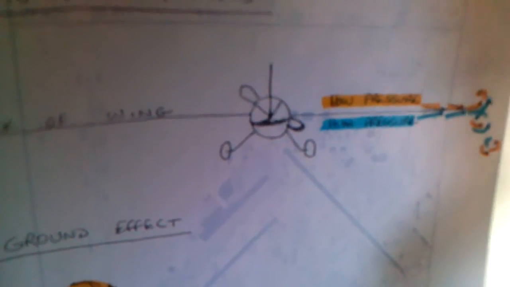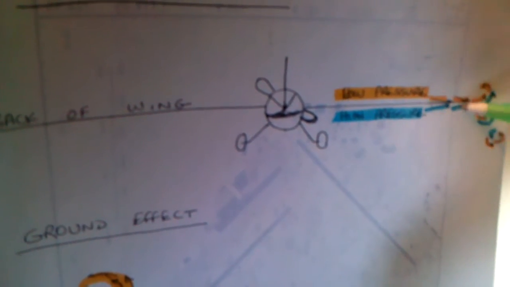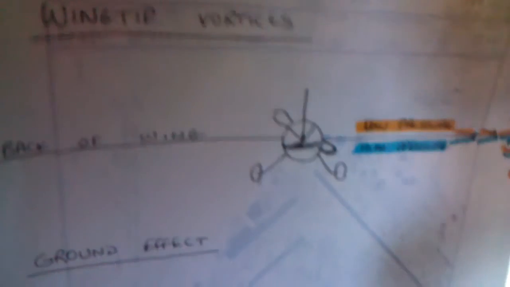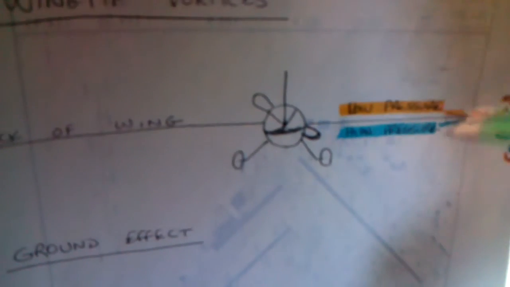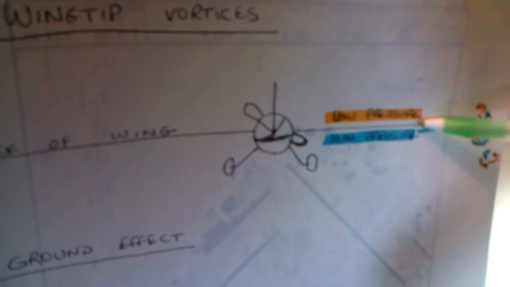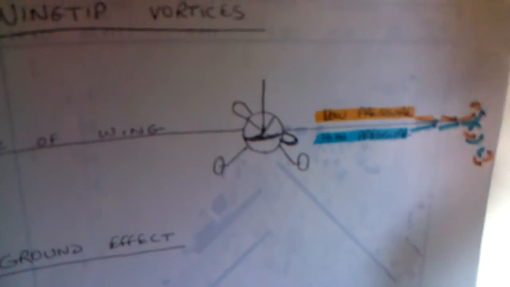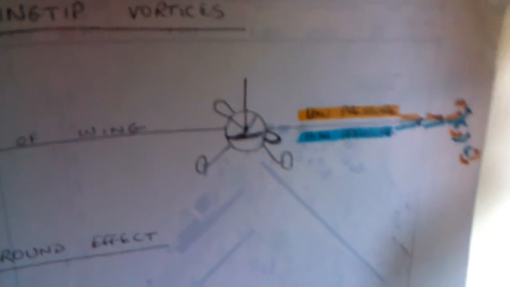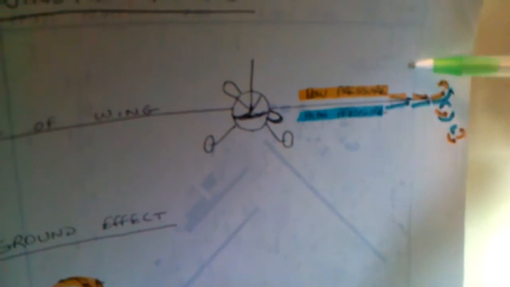So back here, over the whole span of the wing, the thing that's keeping that from happening is the wing itself, because the wing is a solid object. But once that high pressure that's flowing outward from the root to the tip gets to the tip and goes off the edge, it's kind of like walking the plank, there's nothing now to stop that high pressure from rushing up into the area of low pressure up here.